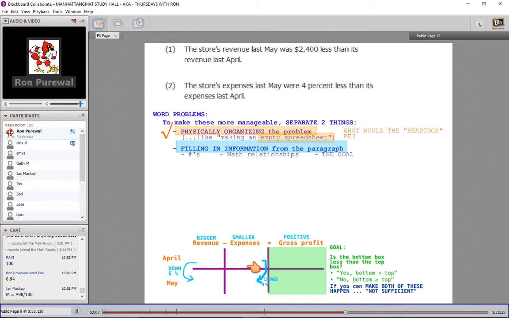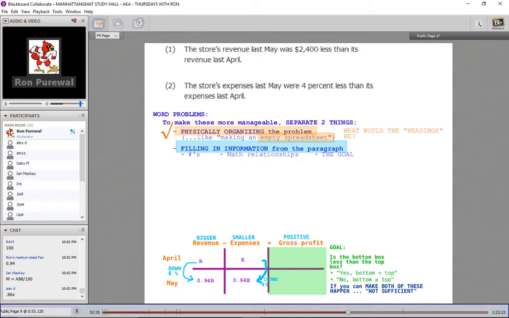Yeah, if you take 6% off of something, that leaves you with 94% of it. So if this is whatever revenue was, this is going to be 94% of whatever revenue was. If that's whatever expenses were, this is going to be 96% of whatever that was.